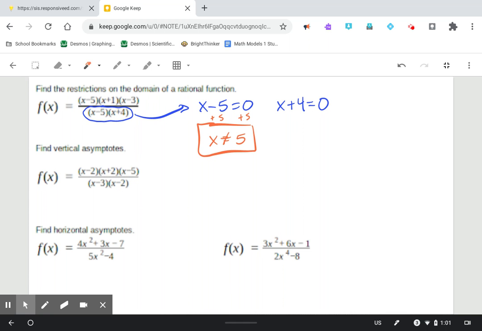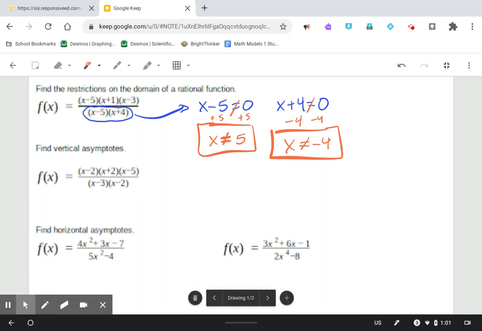And actually, it's x does not equal 5. We should say from the beginning these were does not equal because we're asking for the restricted values. And then we subtract 4 from both sides and we get x does not equal -4. And so those would be the two restricted values. So restrictions, again, these are the roots of the denominator.